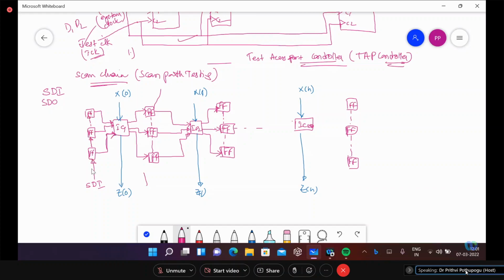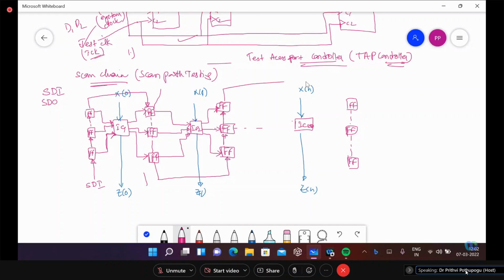That means this is a shift operation. This is the testing operation, and this is the shift operation. And this path will go to the next set of flip-flops. Now this is our connectivity.